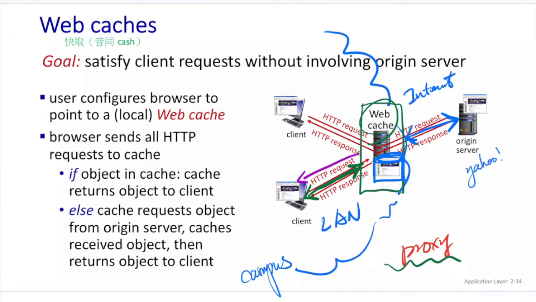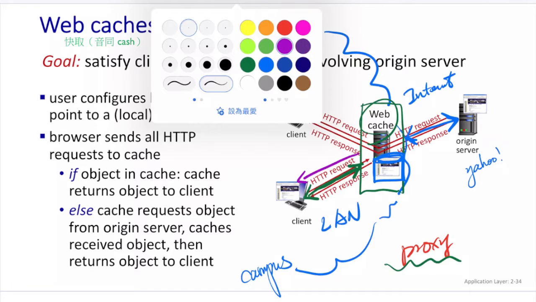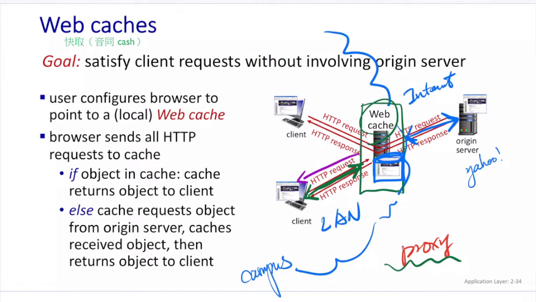So we have several different colors right here. Make sure you understand that the different colors have different meanings. If there is another student request, which is the orange one, requesting the Yahoo front page, and the web cache, the proxy, right now has a copy of the front page, right? So it will return the page locally.